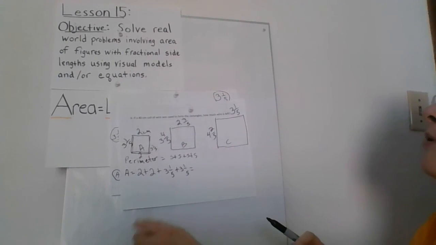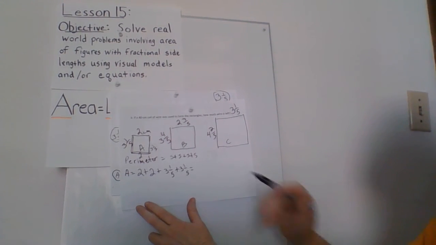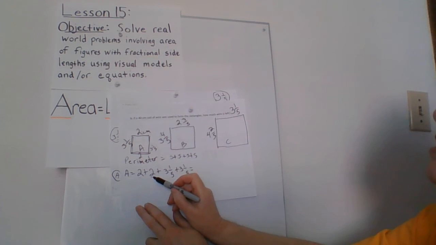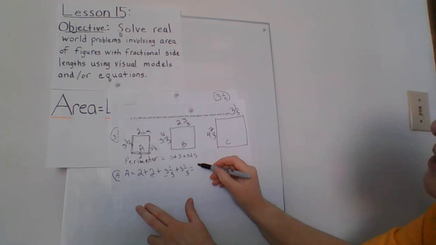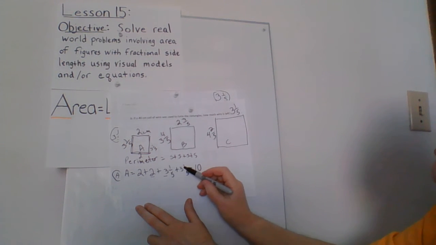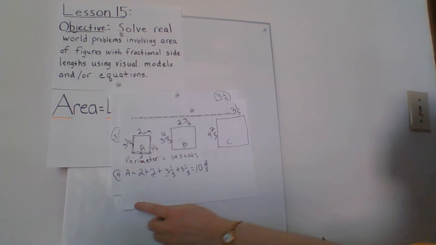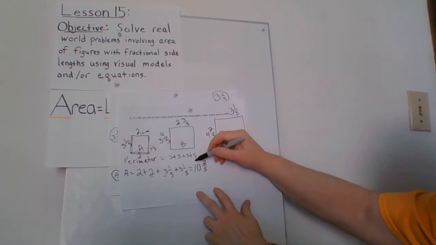So in order to find the perimeter for A, I have to go ahead and add all of those sides together. I'm going to do 2 plus 2 is 4. 4 plus 3, 7. 7 plus 3 is 10. And then I'm left with my fractions. 1 plus 1, 2/5. So my perimeter for A is 10 2/5.